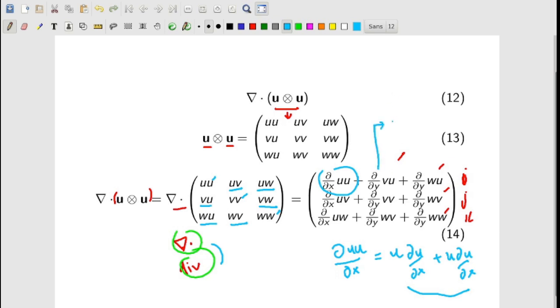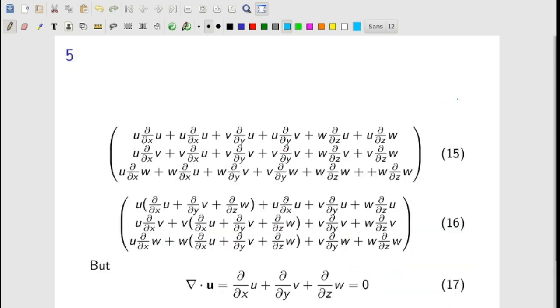Likewise, this can be written as 2 U du dy plus U dv dy. So we expand this term by applying the product rule. So now this first row is in I, the second row is in J, and the third row is in K.